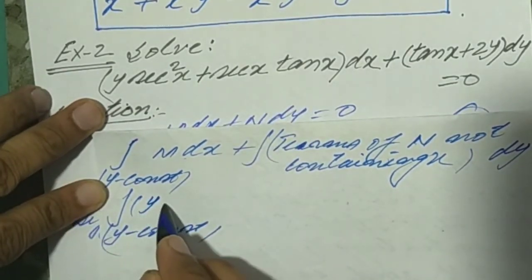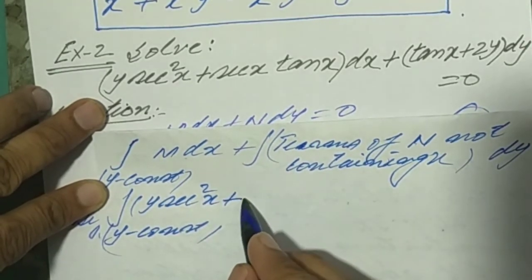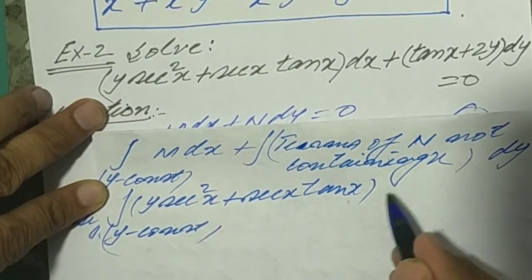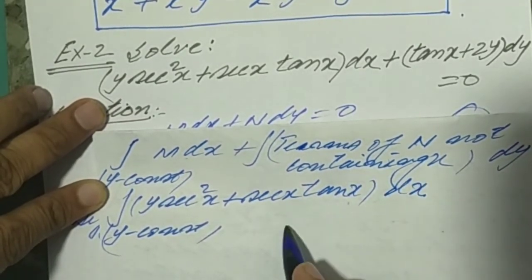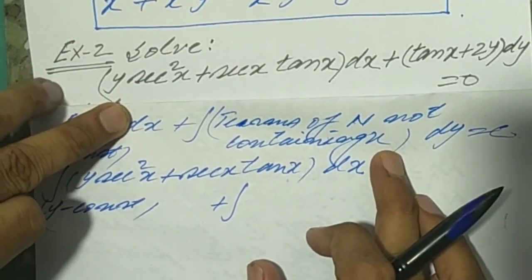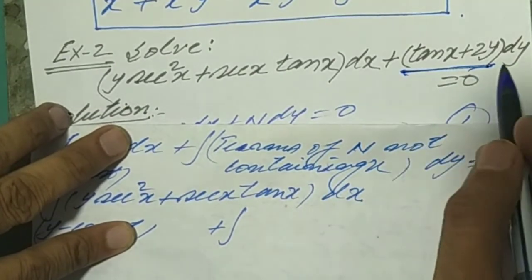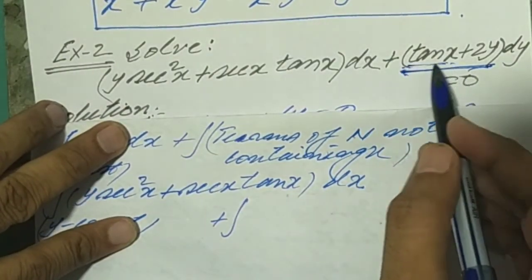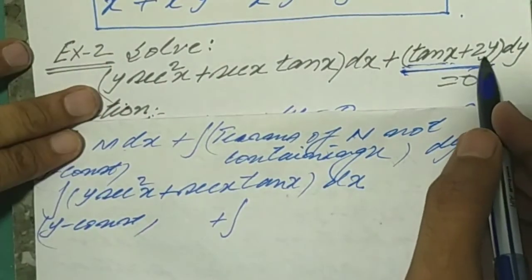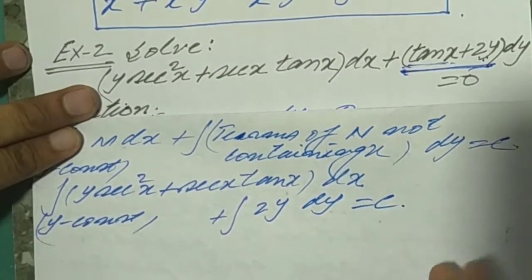So integral of (y sec square x plus sec x tan x) dx plus integral of terms of N not containing x. So we have to observe N, that is the coefficient of dy. As the first term has x, we have to ignore it, and the second term doesn't have x, so we have to take this term only. So 2y dy is equal to c.